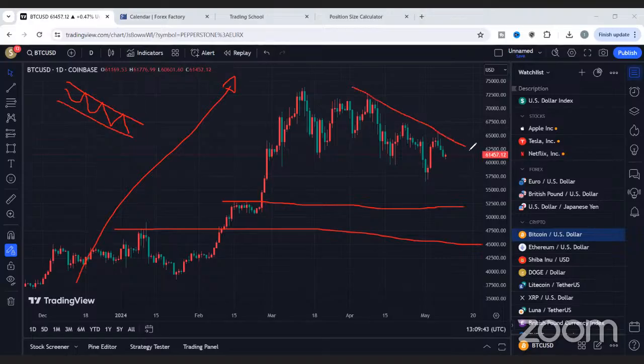From what we have over here, if you ask me, price could either come back to these lows here and react to it, either bounce or break, pull back, and then drop further down to this point here.